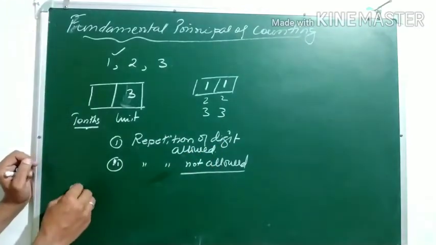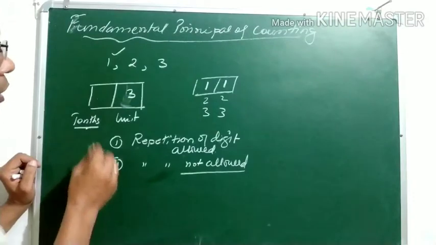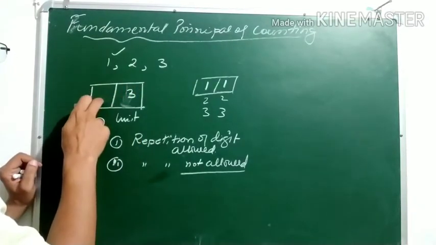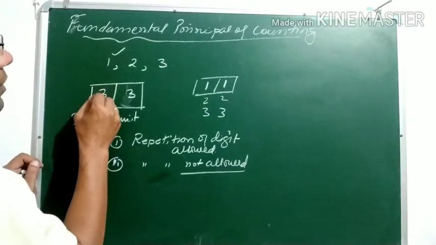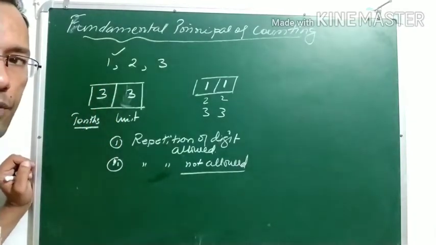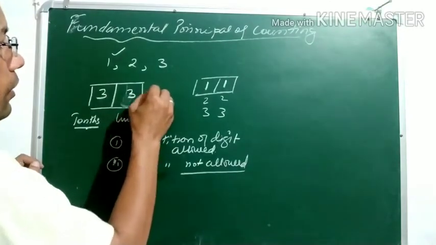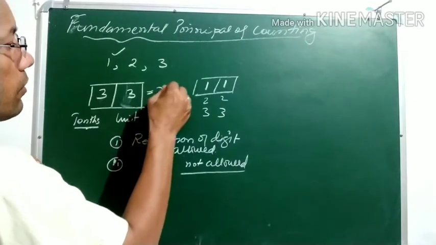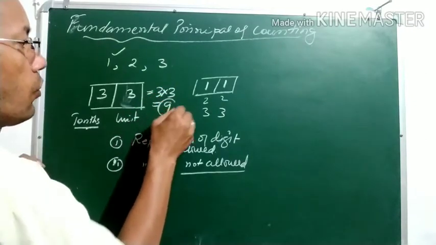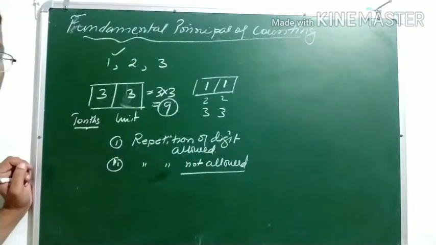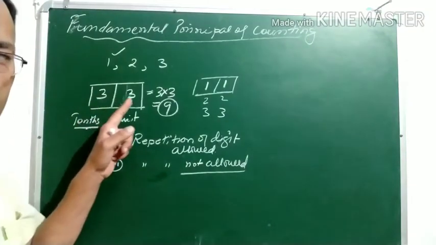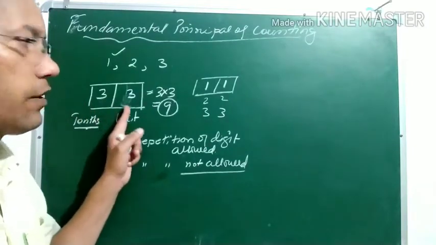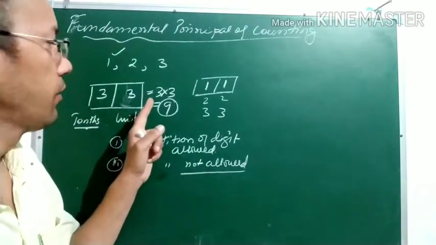In the first case, if repetition of digits is allowed, then again I can write 3, 2, or 1. So we have 3 digits. The fundamental principle says the number of numbers that can be formed is 3 into 3, that is 9. Here 3 and 3 means multiply, that is 9.